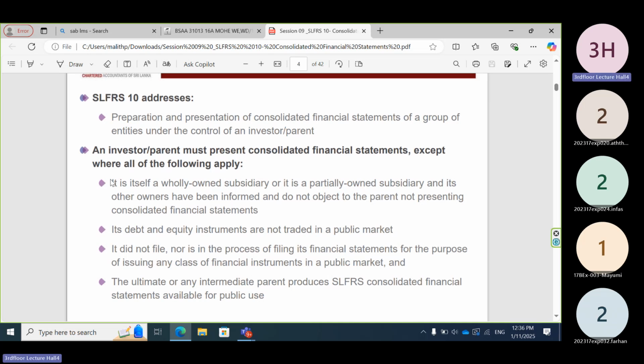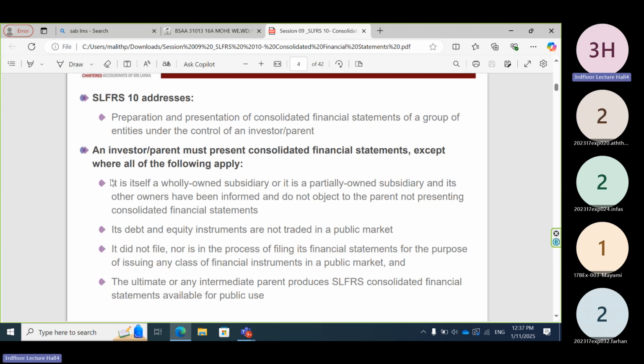Normally, in consolidated financial statements, once you have a parent company, sometimes you are the wholly owned parent, or else you may have less than 100% stake, maybe more than 50%.